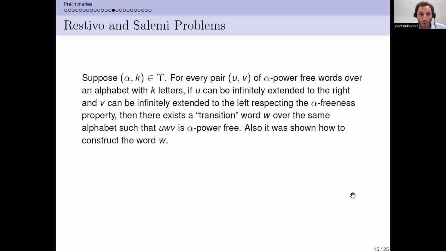Also, I have shown how to construct this word w. So for the given configurations from the set upsilon, I solved problems 4 and 5 of Restivo and Salemi.